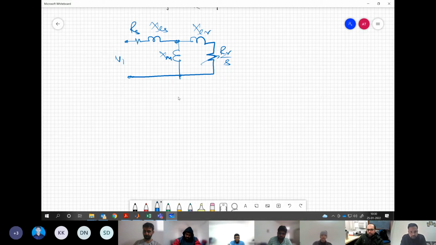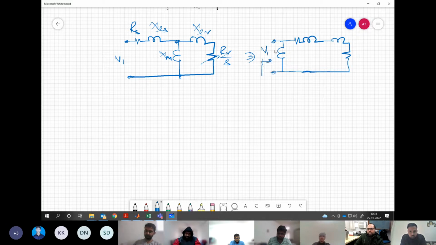Steady state per phase equivalent circuit. Now we can take some approximation, which you must have done in your previous classes, that this magnetizing reactance can be taken at the supply end, and then the rest of the circuit can be connected like this.